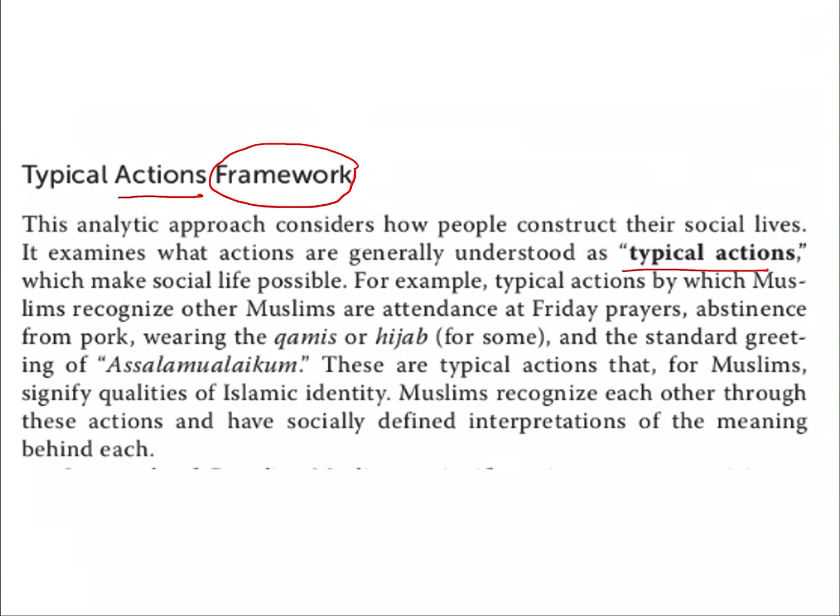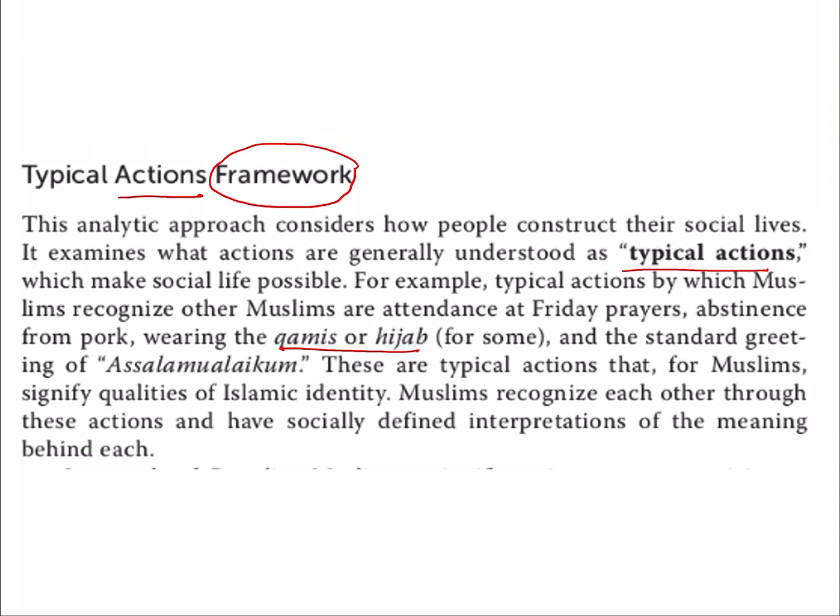in this example, they talk about Muslims greeting each other with salam alaikum and wa alaikum assalam, or wearing the qamis or hijabs in terms of clothing. Now, all of this makes sense and is absolutely in place to a Muslim person. It makes complete sense to greet somebody else with a salam alaikum, or respond with wa alaikum assalam.